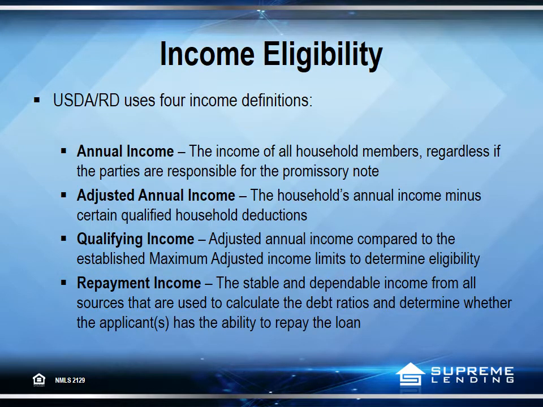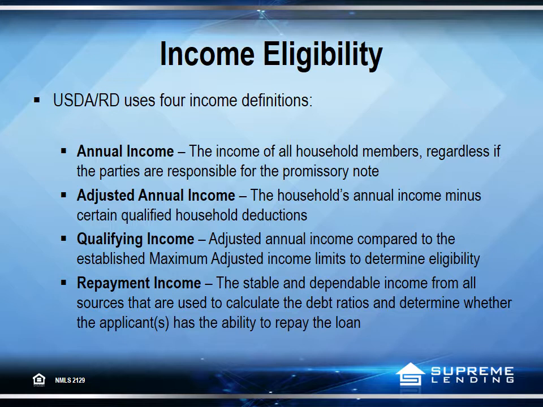Now we'll take a look at income eligibility. The USDA Rural Development uses 4 income definitions. Annual income is defined as the income of all household members, regardless if the parties are responsible for the promissory note. The adjusted annual income is defined as the household's annual income minus certain qualified household deductions.